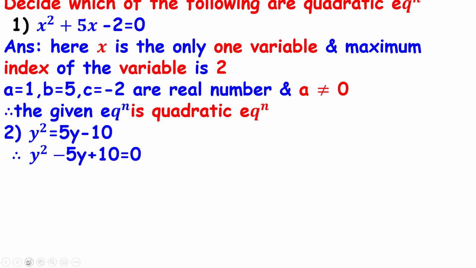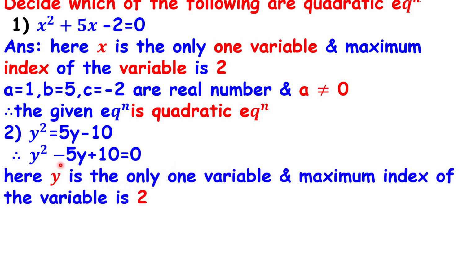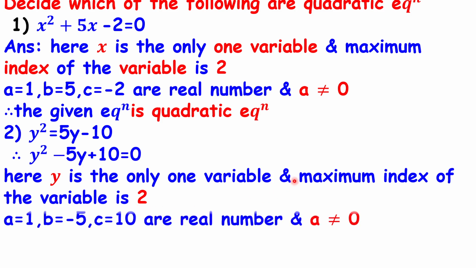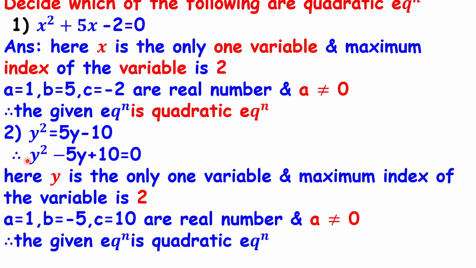In this equation, y is the only one variable and the maximum index of the variable y is 2. Therefore, here the coefficient of the square term is 1. The coefficient of the middle term, that means b is equal to negative 5 and c is equal to the constant term 10 are real numbers, and here the coefficient of the square term, that means a, is not equal to 0. Therefore, the given equation is a quadratic equation.